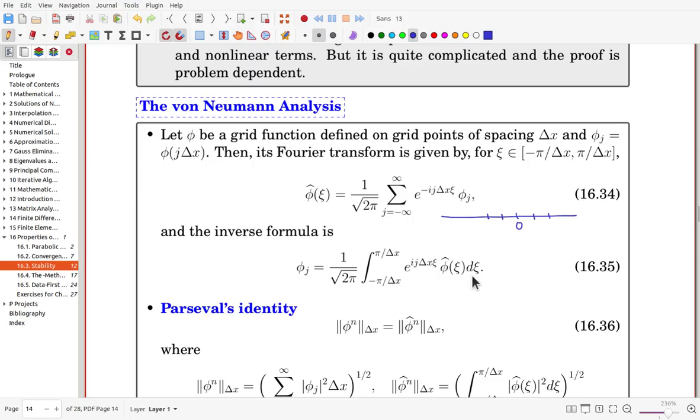Through the frequency psi, it is integrated over this finite interval and scaled by this quantity, and you can get the grid value. It's the well-known Fourier transform and its inverse formula. Okay, we can use this mathematics to get the stability analysis.